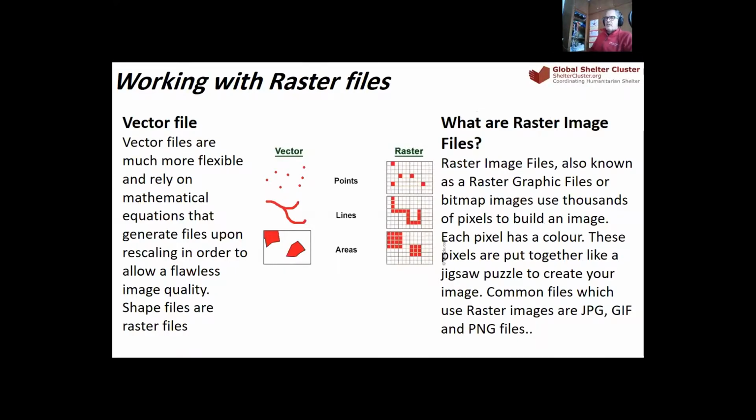Like I was telling, we did the work last week with vector files, and I think it's clear. We found out that there are three types of vector files: point vector, line vector, and polygon vector. Today we are going to work with raster files, which are a different way of representation.